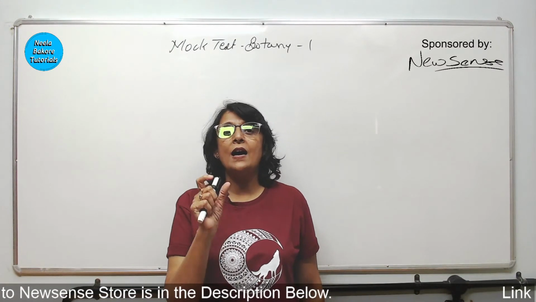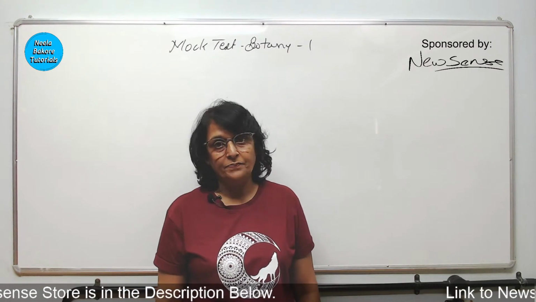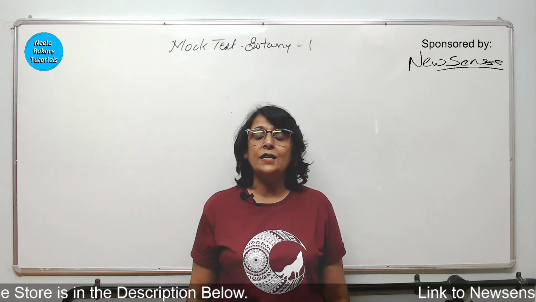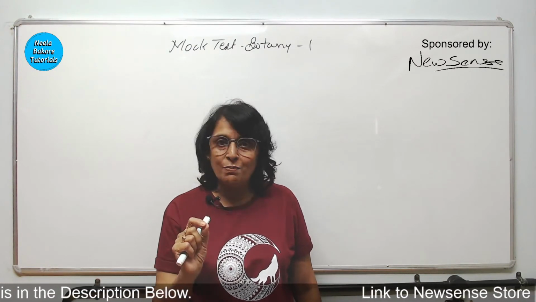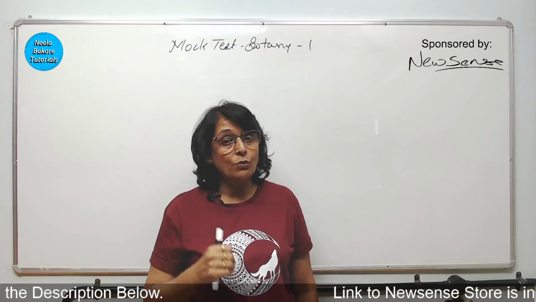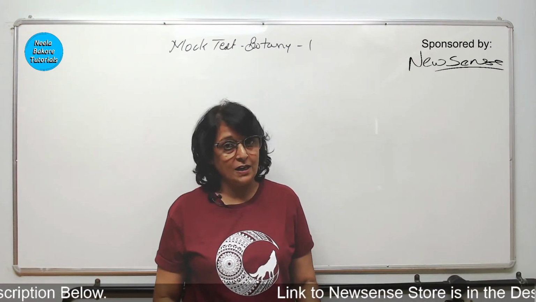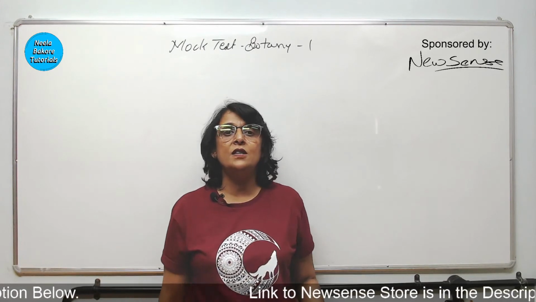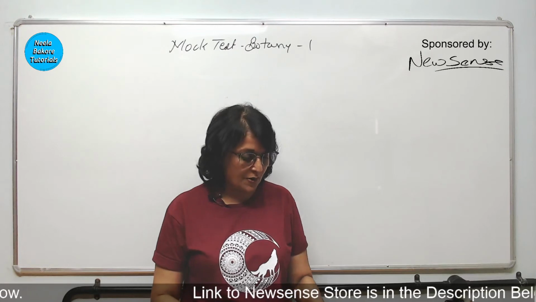These words are highlighted, given in bold in NCERT. And that is why we say that you need to read NCERT line by line, word by word. Okay? And nowadays, these type of questions are asked in NEET. If you look at previous year's papers, you will find exactly similar type of questions.